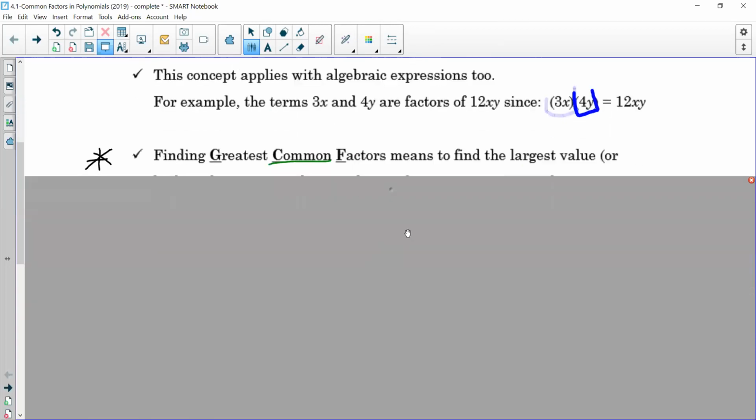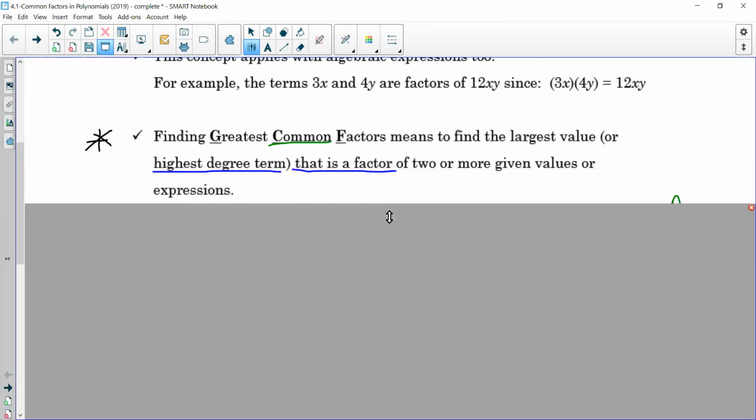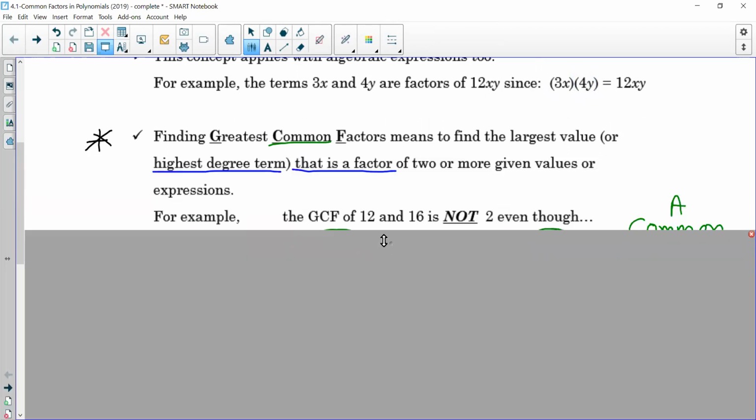Common factors, if you think of what people have in common, features. So algebraically, common factors means factors that are in common to two different expressions. So, for example, the greatest common factor, GCF, that's the abbreviation here, of 12 and 16. So they have to have a factor in each of them, but we're looking for the greatest one.